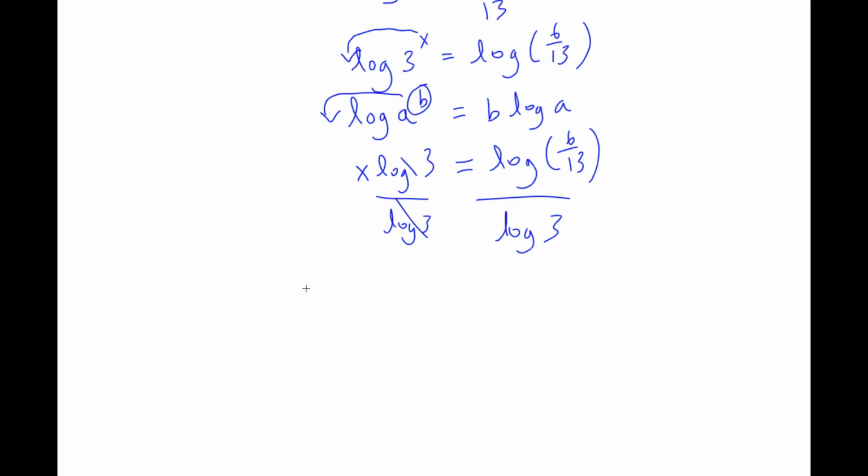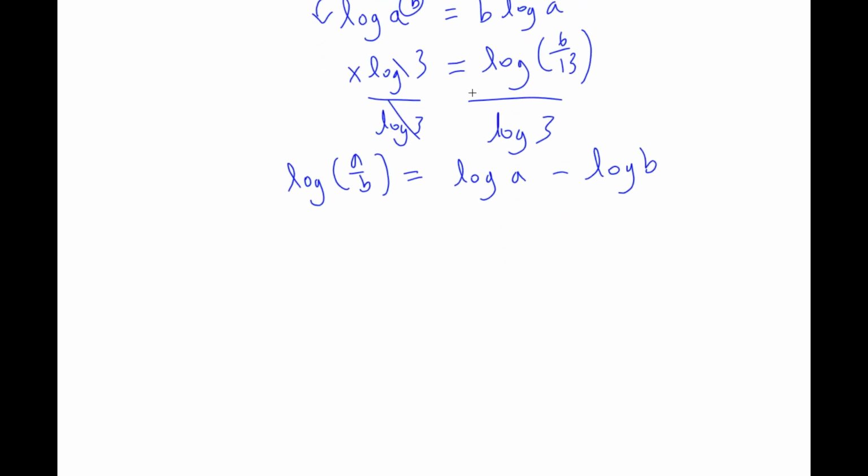Now if I have something in the form log a over b, this is equal to log a minus log b. So log 6 over 13 is going to equal log 6 minus log 13. So now I have this over log 3.